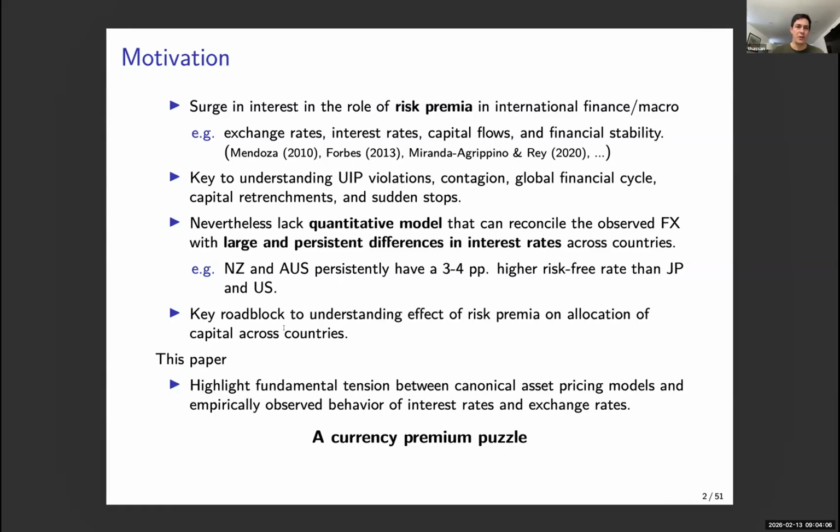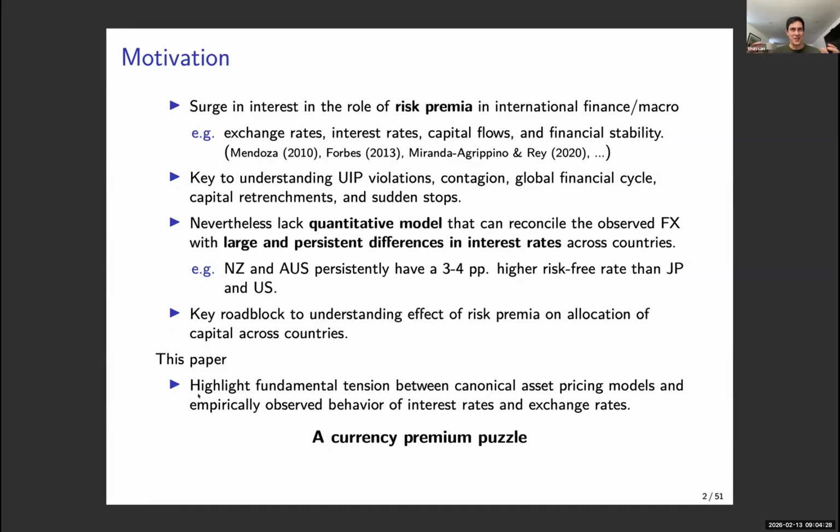What we do in this paper is we highlight a fundamental tension between canonical asset pricing models that are usually responsible for providing models of risk premia and the empirically observed behavior of interest rates and exchange rates. And we're going to call that a currency premium puzzle.